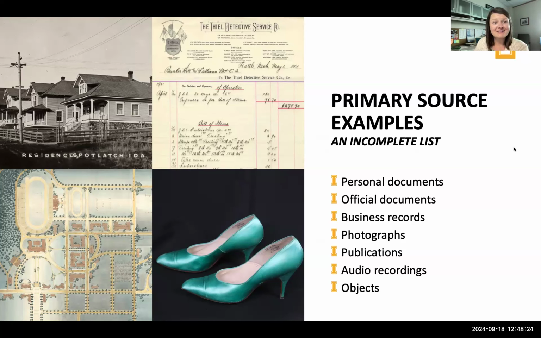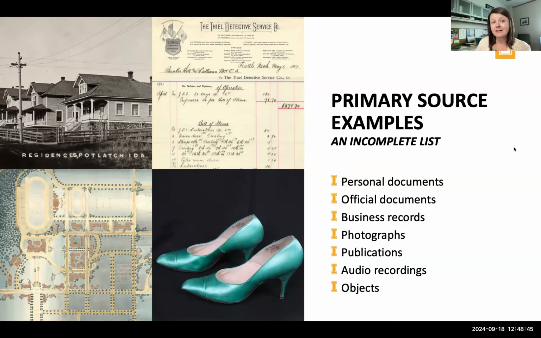Photographs, as Amanda suggested, are a great way. I find that photographs tend to be one of the most engaging ways to bring primary sources into the classroom because they are so accessible. And publications. We talked a little about this, but you might think of something like a government publication.